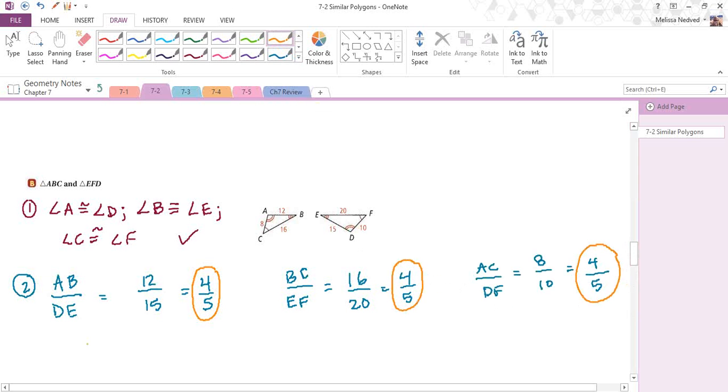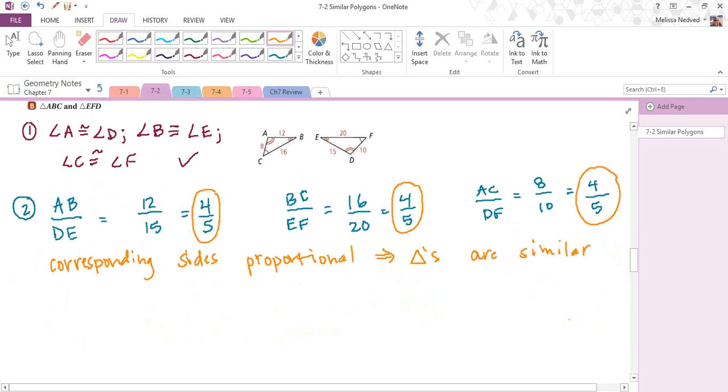So since corresponding sides are proportional, my triangles are similar. Since I got the same number and I have corresponding angles congruent.